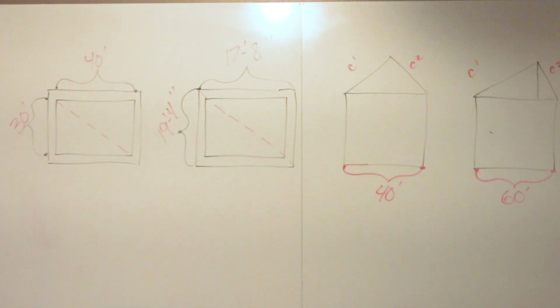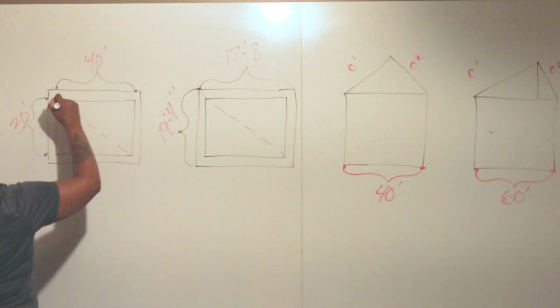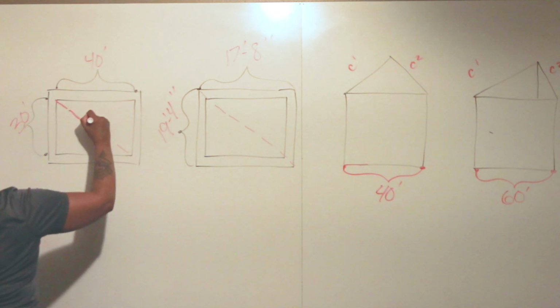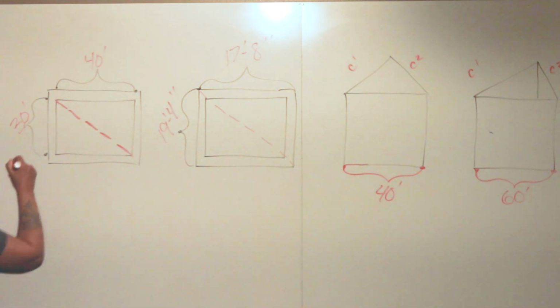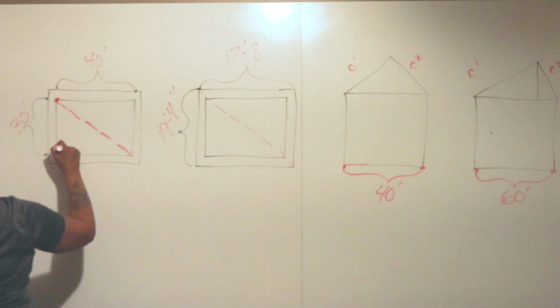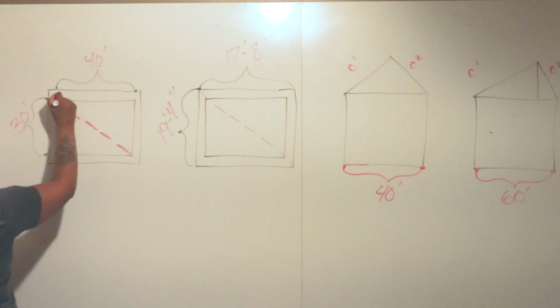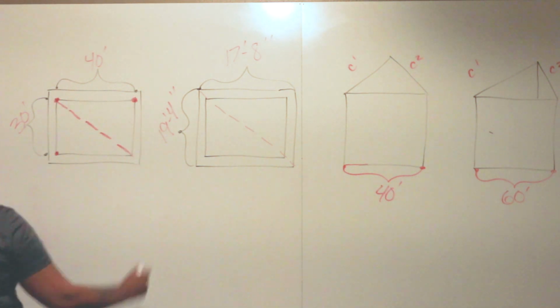And all I want to know is, do you have enough information to find a measurement in that dotted line? And you do. How? Because the distance from here to here is 30 feet. The distance from here to here is 40 feet.